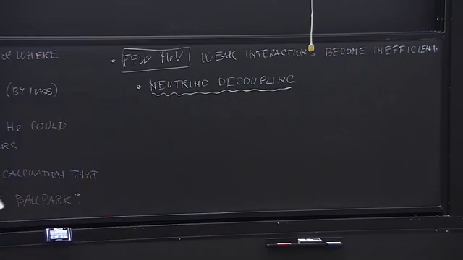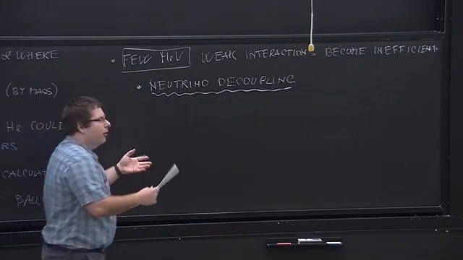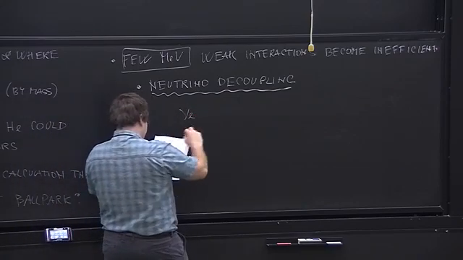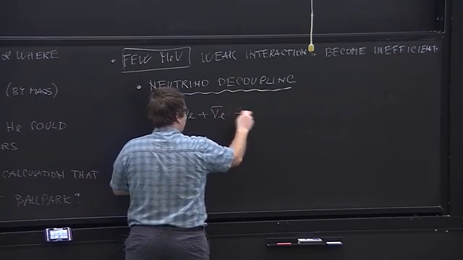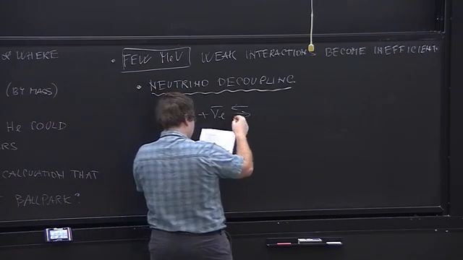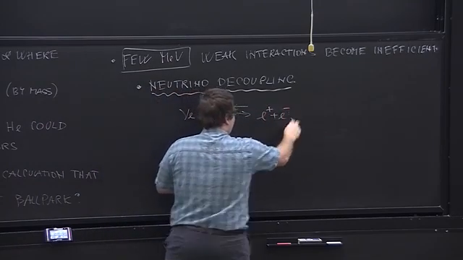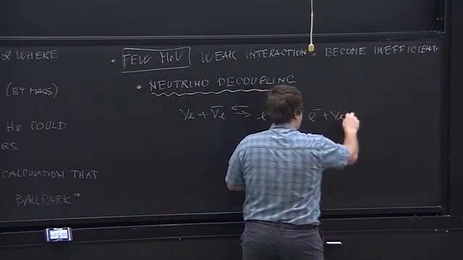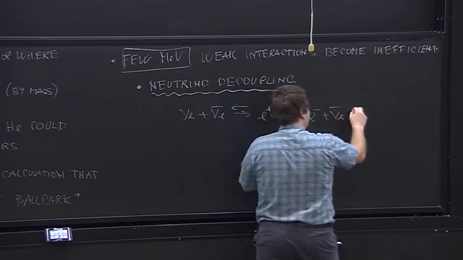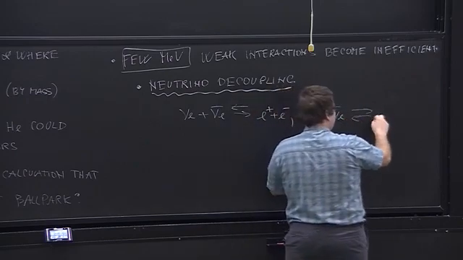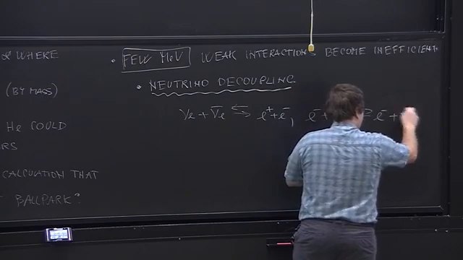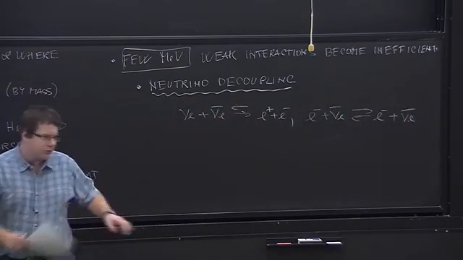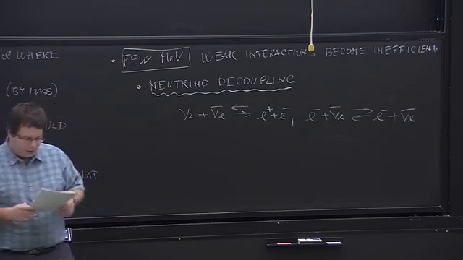Neutrinos are coupled to the thermal bath through these weak interactions. So you have interactions like neutrino plus antineutrino gives you electron and positron, or electron plus neutrino gives you the same thing. So there's just a scattering, and the same for other things. This is just an example of two interactions you can have.